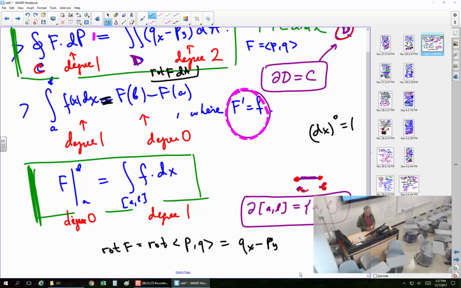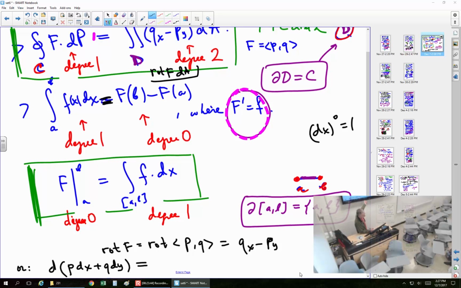So the rotor is not the derivative of the vector field, but it is the derivative of that differential form that we see over there. I'm talking about this P dx plus Q dy. And then what we do is carry out an operation that is familiar from integration by substitution, calculus 1.